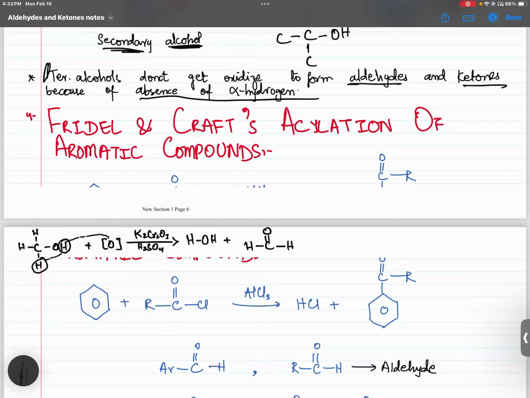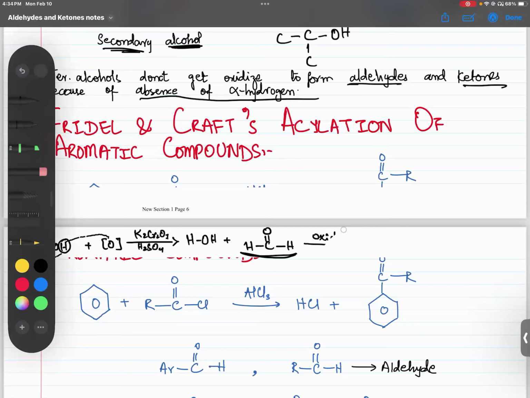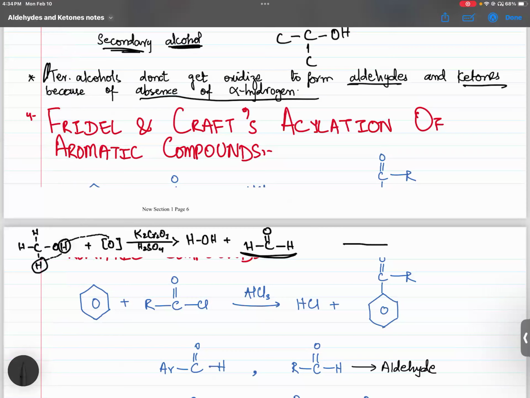You got this point? You had the primary alcohol earlier, and when you oxidize this primary alcohol, you simply get the aldehyde, okay? And on further oxidation of this aldehyde, the new oxygen coming, let me draw the oxygen so you will understand the concept. The same K2Cr2O7 and H2SO4 was there.